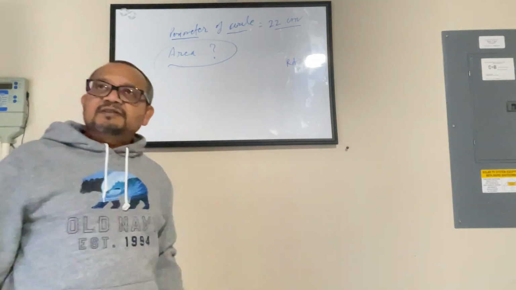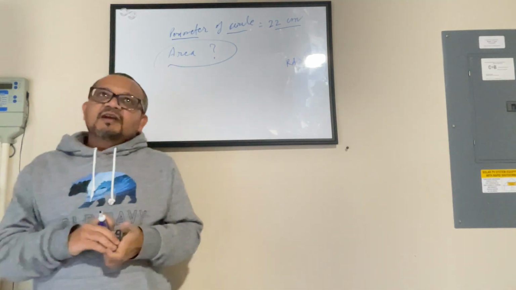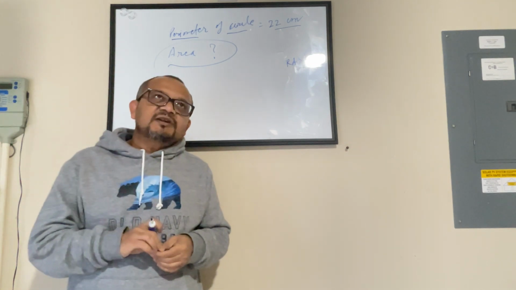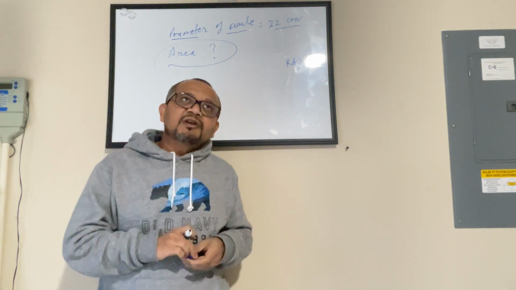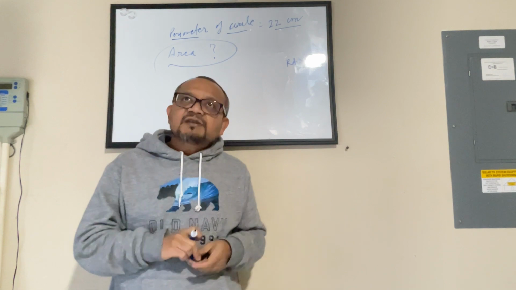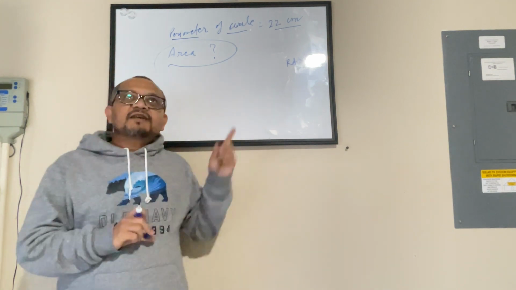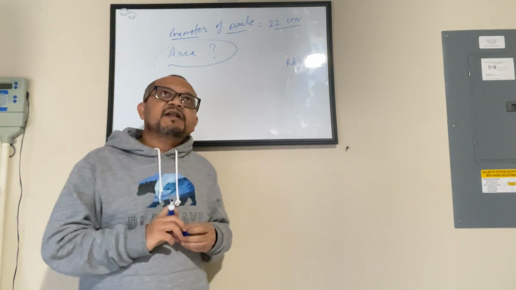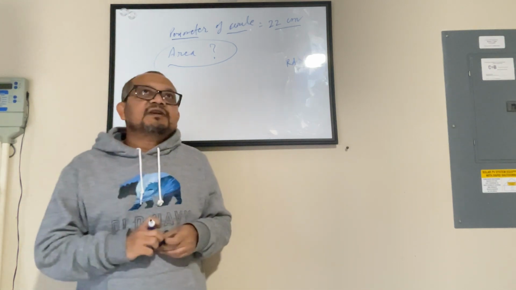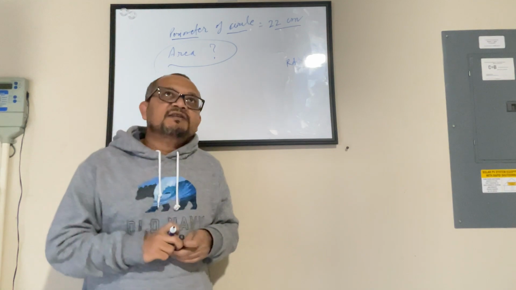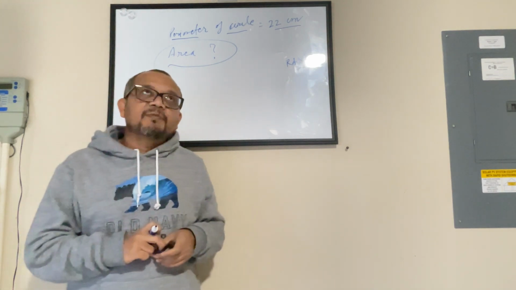Then comes the analysis. I'm asking myself, it's saying perimeter is given and asking me to find the area. Do I know how perimeter is derived? Yes, I know. Perimeter is 2 pi r. And it's asking me to find out the area. Area is pi r square. So it's giving me the value of 2 pi r and asking me to find out the value of pi r square.